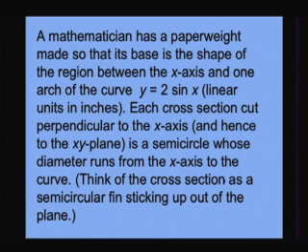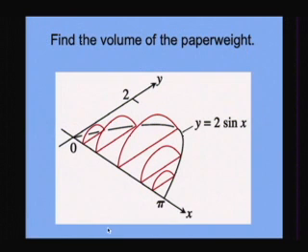So you can think of the cross-section as a semicircular fin sticking up and out of the plane, and here's the picture of what we're looking at. We want to find the volume of this particular shape.